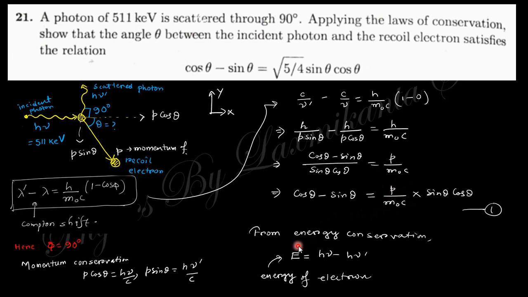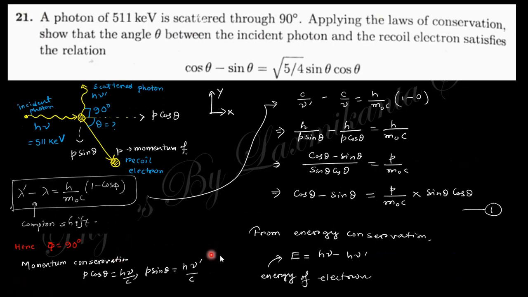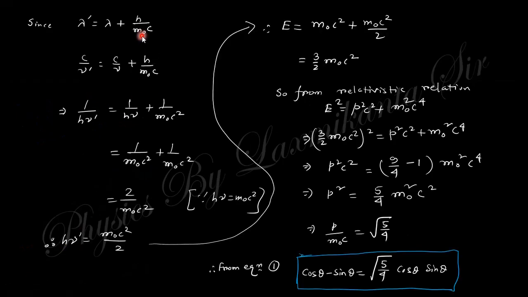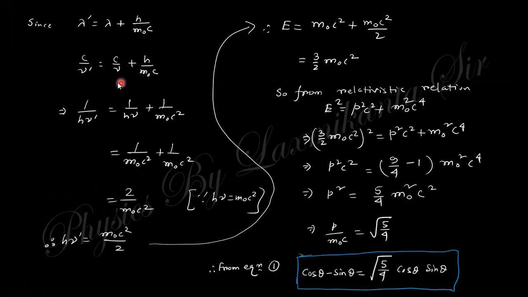From energy conservation, E equals h nu minus h nu prime, the energy of the recoil electron. From the relation lambda prime equals lambda plus this one, lambda comes in terms of nu, and so we get this value of h nu prime.